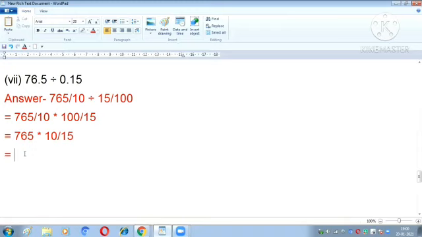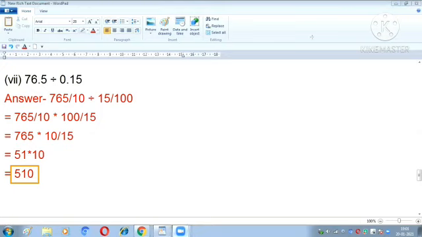So we will write 51 multiplied by 10, because 10 is remaining. So our answer will be 510. So 510 is the answer of seventh bit.